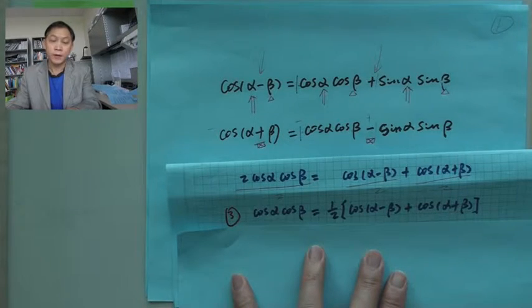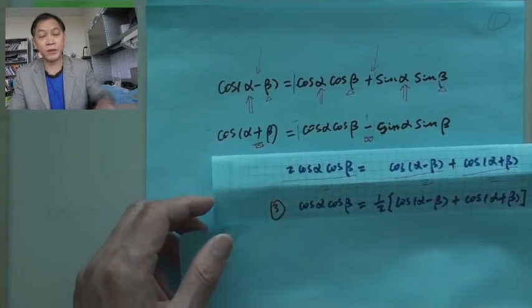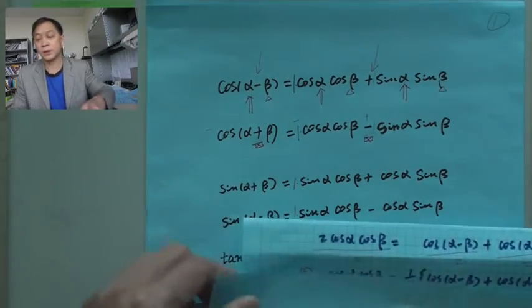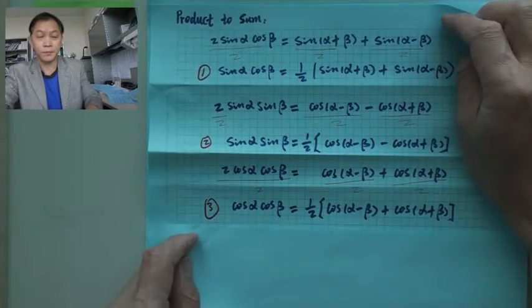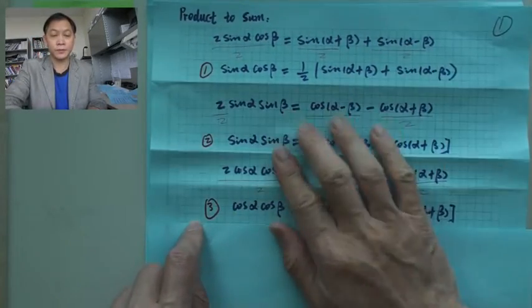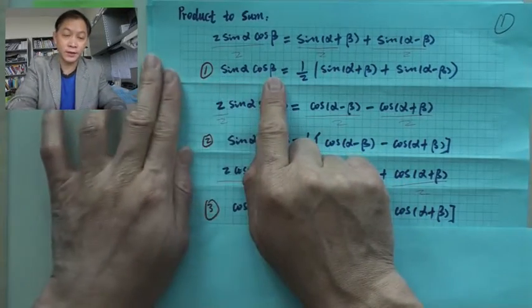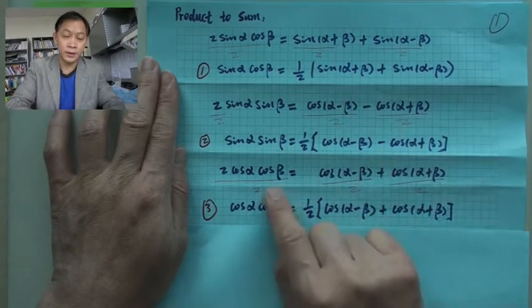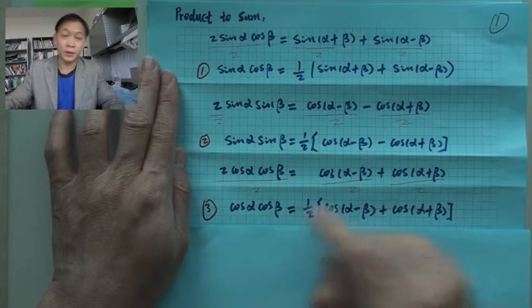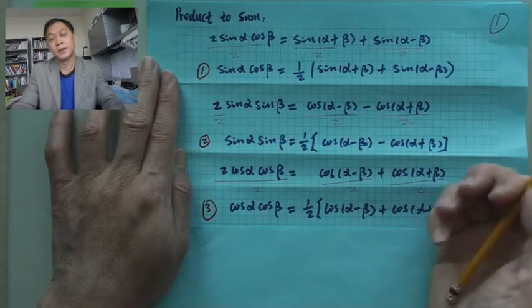Okay. Now, you see previously we had 4 formulas. Now I think 3 formulas would be enough. Why? Look. You have a sine, cosine, and here is sine, sine, and here is cosine, cosine. You may wonder, how about cosine, sine, right?